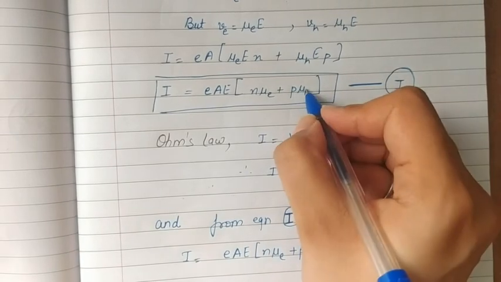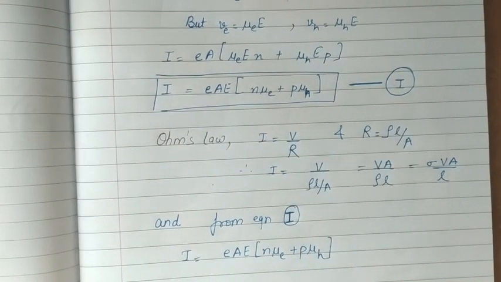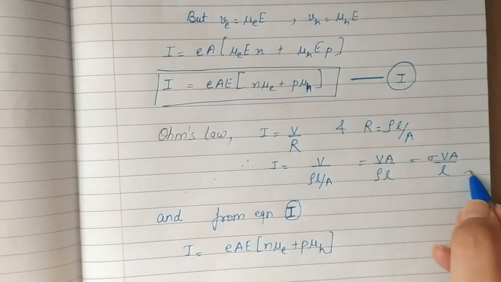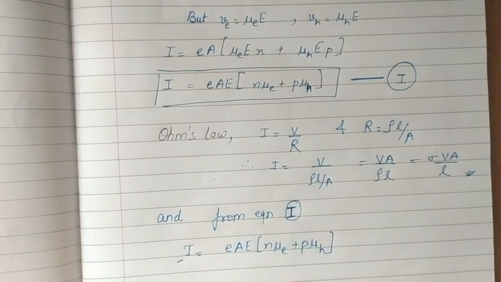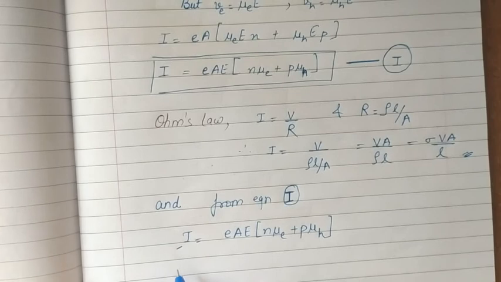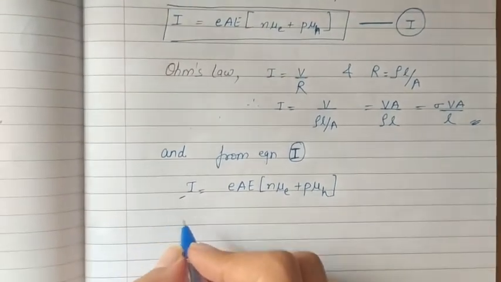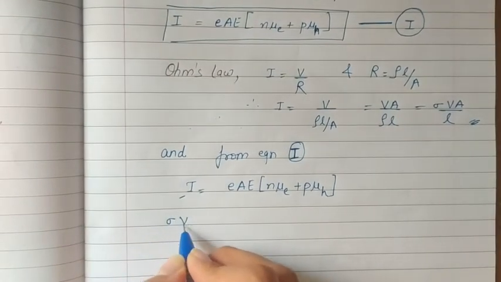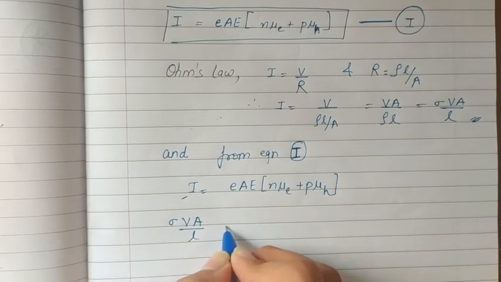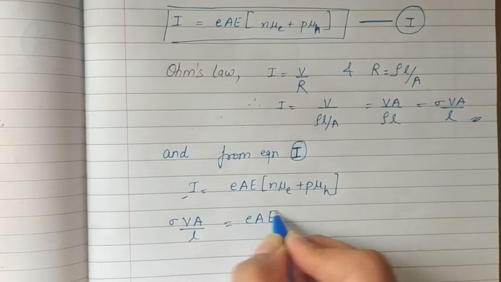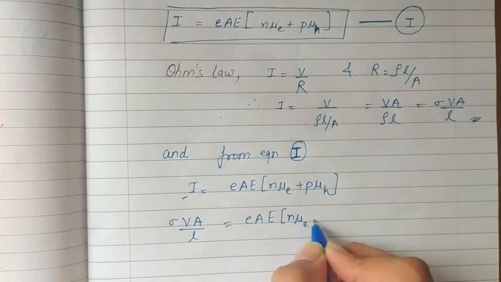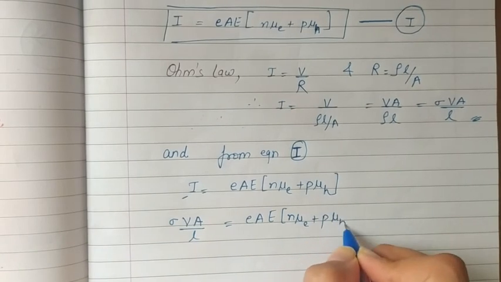Here H is for hole. So we substitute this value of current in equation number first, and we get sigma VA upon L is equal to e A E (N mu E plus P mu H).